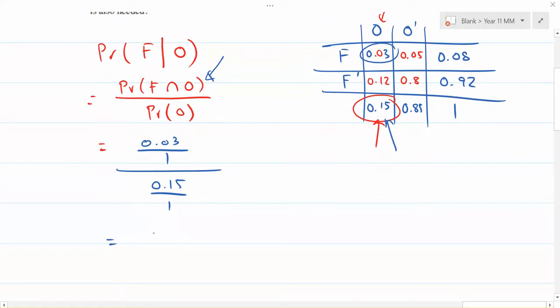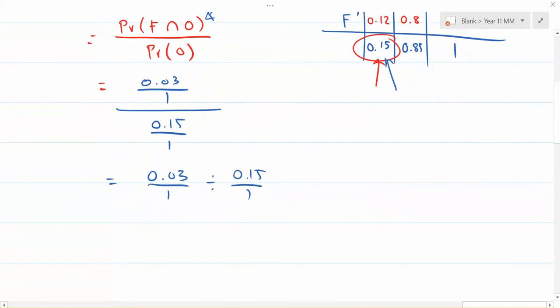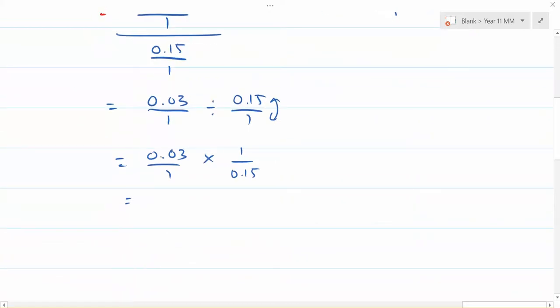If you write that out, that's 0.03 out of 1 divided by 0.15 out of 1. I know a lot of us don't like fractions, but it's something you just have to get used to. 0.03 over 1, and when you're dividing, do the reciprocal. That becomes times 1 over 0.15, and you can see 0.03 times 1 is 0.03 over 0.15, which is exactly what I told you before without even doing all these calculations.